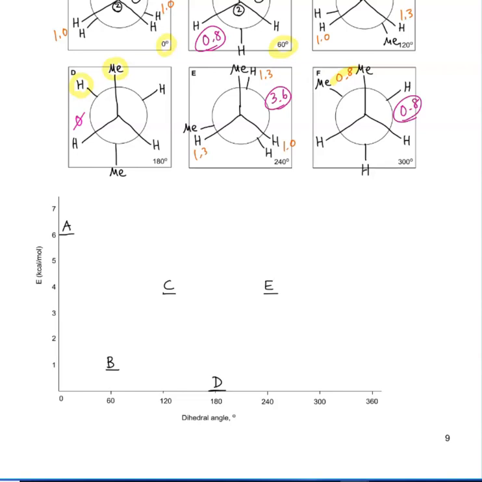E is also 3.6. F is 0.8. And then continuing the rotation takes us back to A. So then connecting all the points with a smooth curve, we get this diagram.